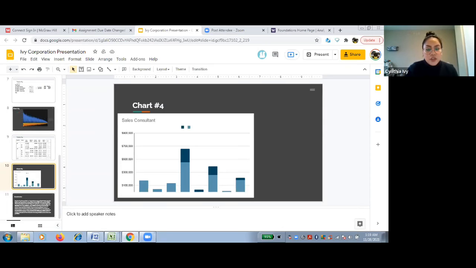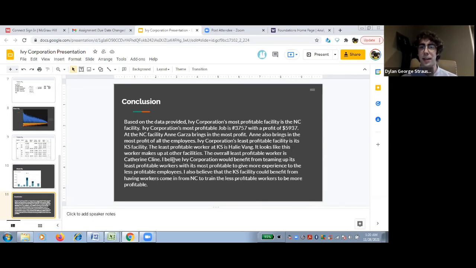On this chart, you can also see how the revenues that each consultant brings stack up against each other, the dark blue being Canada and the light blue being our US revenues.